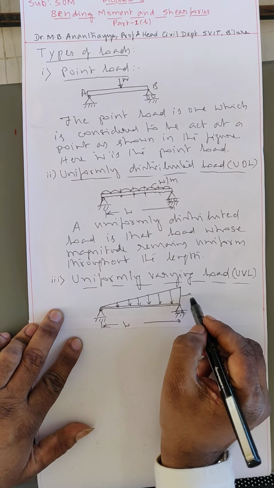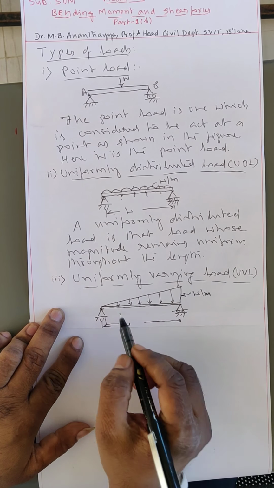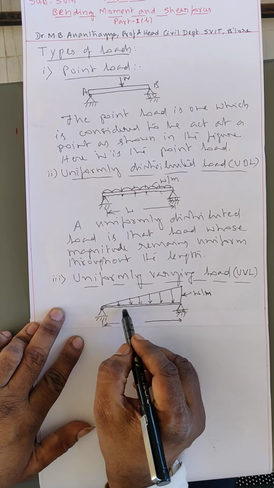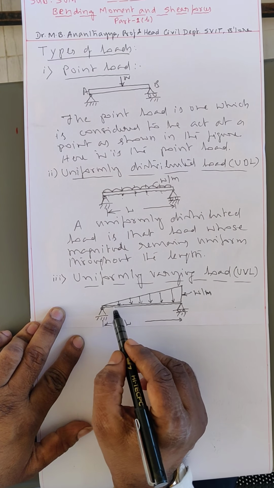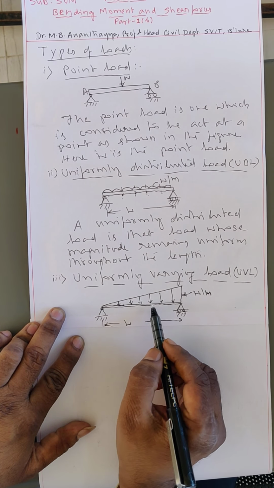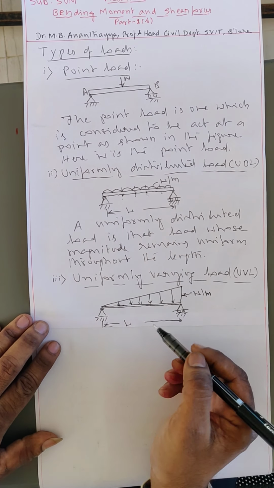Here it is represented as W per meter. That means for each meter length the increment is W per meter. Therefore the load increases at a constant rate along the length.